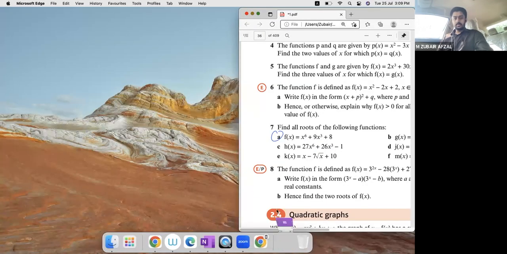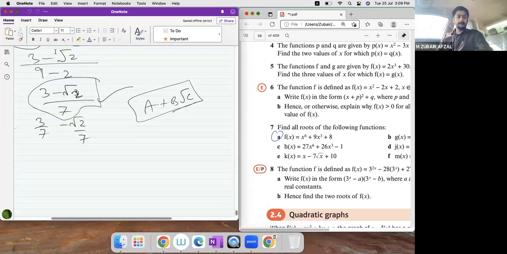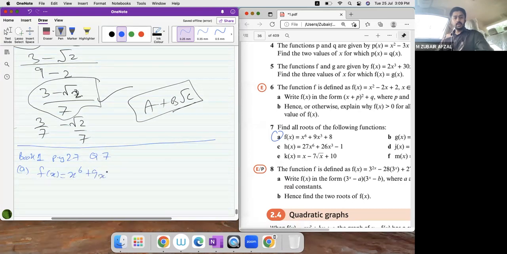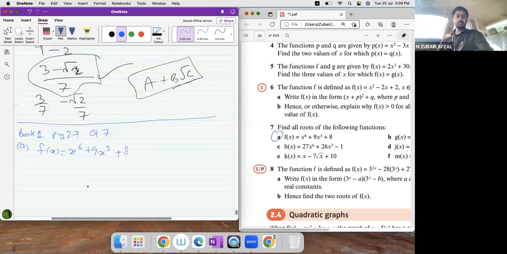Remember, whenever you solve a question, it should click in your mind which topic it is from. Question 7, A part. It says f of x is equal to x^6 plus 9x cube plus 8.